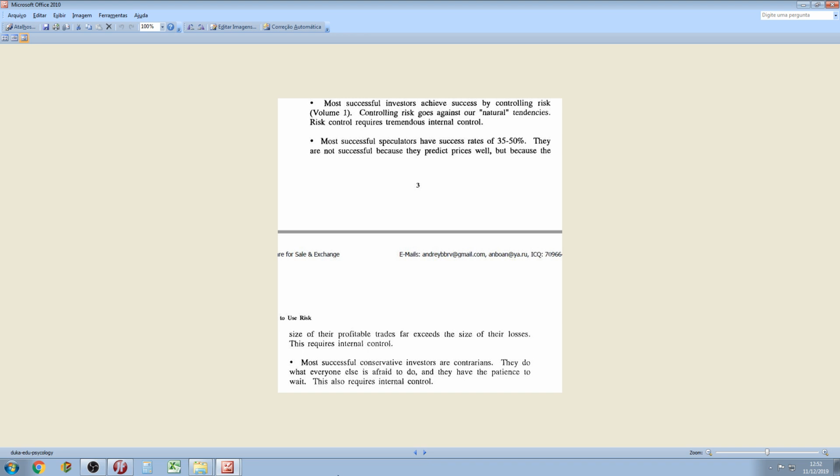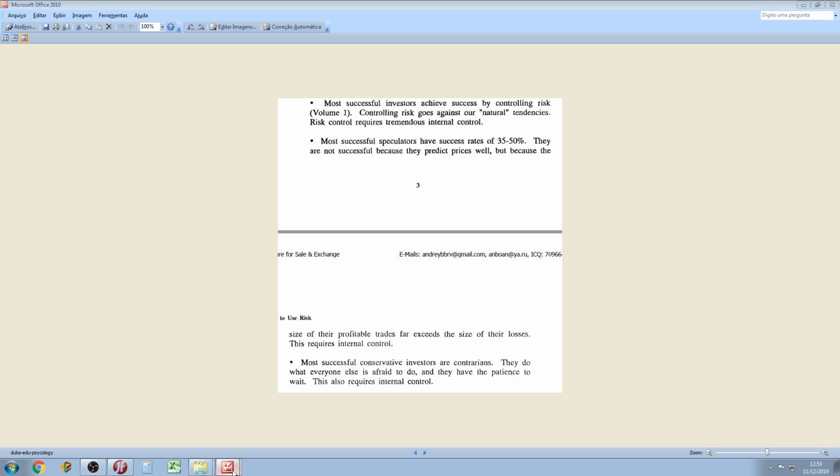Well, I don't agree with the book where it says most successful conservative investors are contrarians. I don't agree with this. Okay, they do what everybody else is afraid to do, and they have the patience to wait. Well, this is okay, I agree, and this also requires internal control. So as Dr. Van Tharp is saying, it's all about internal control.